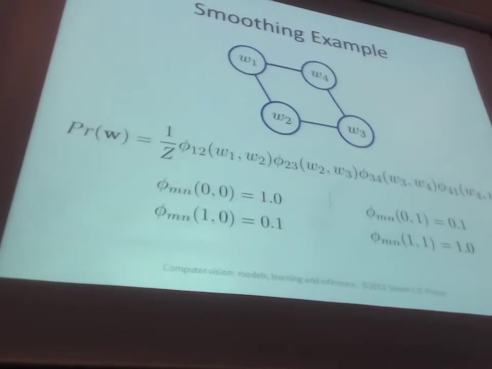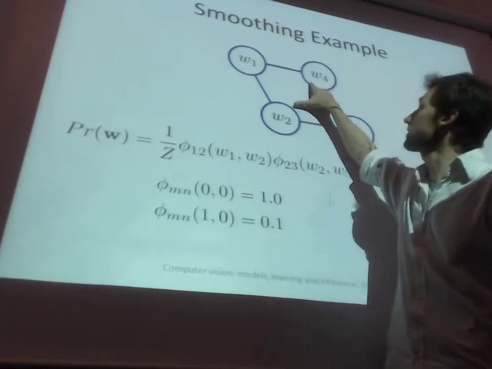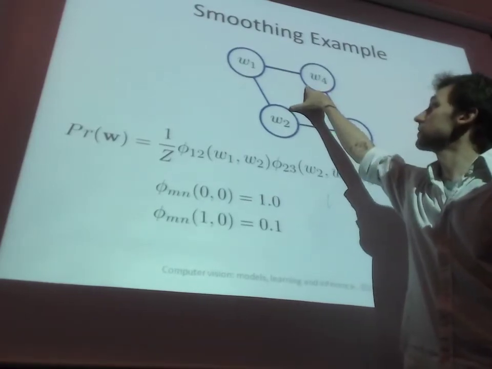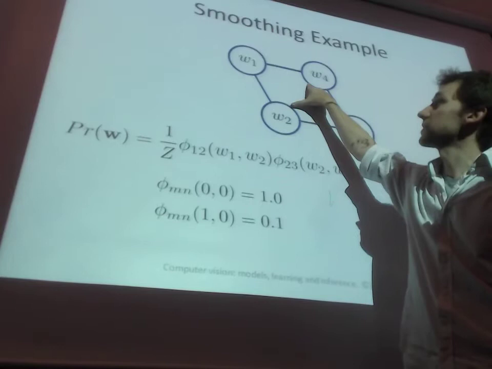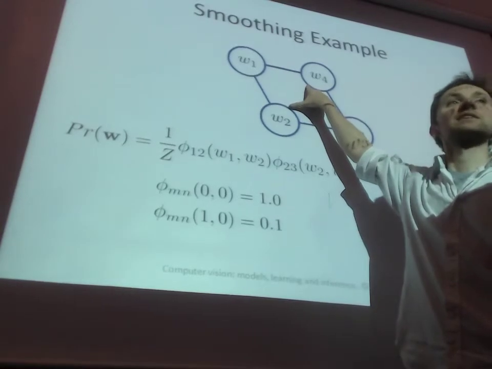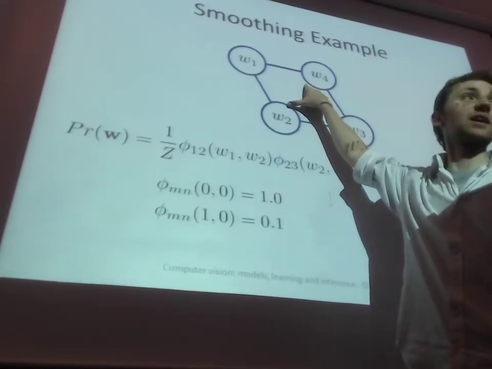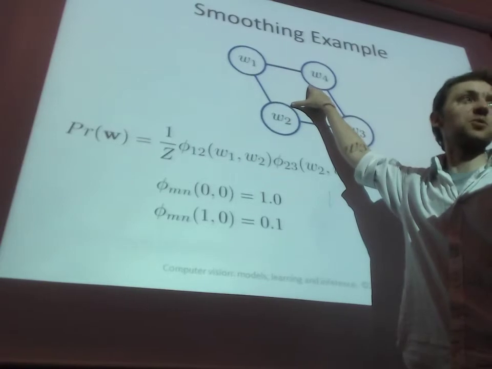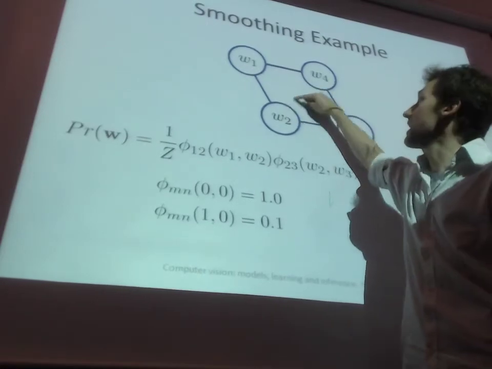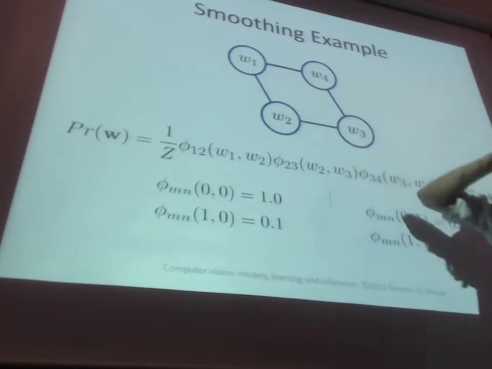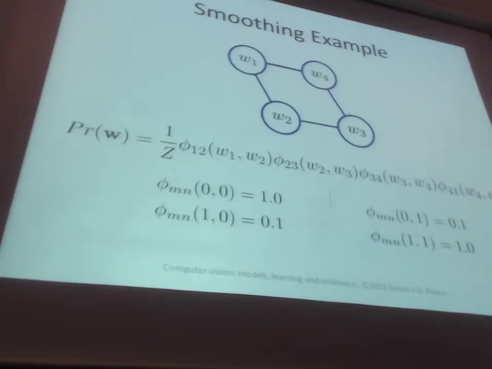If we added an edge here, and an edge the other way, W1 and W3. Let's keep it simple. What happens if I just add an edge here? Well, you can keep adding edges as much as you like, but at that point, I think you're done in this 4-pixel example. But let's say I just add an edge here. How many maximal cliques are there? 2. Okay, so hopefully that's clear.